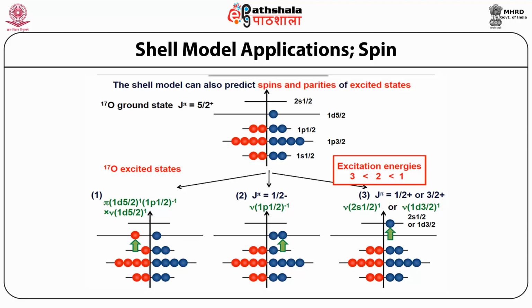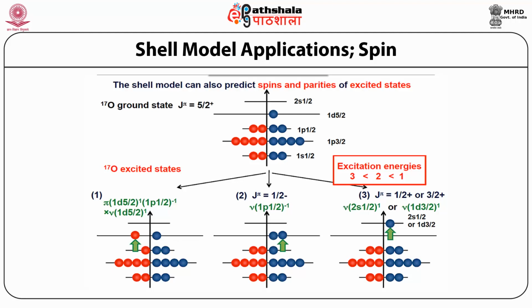When the excitation is in the s1/2 orbital, the proposed configuration is nu 2s1/2^1, and when it is excited to the d3/2 orbital, then the excited state configuration will be nu 1d3/2^1. Now, when the excitation of oxygen 17 takes place, either of these three situations will happen. So, we would like to see which one of them is more probable.